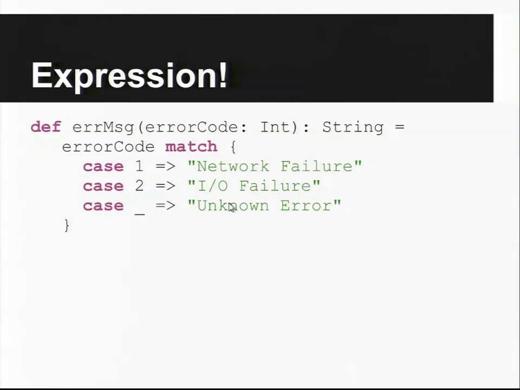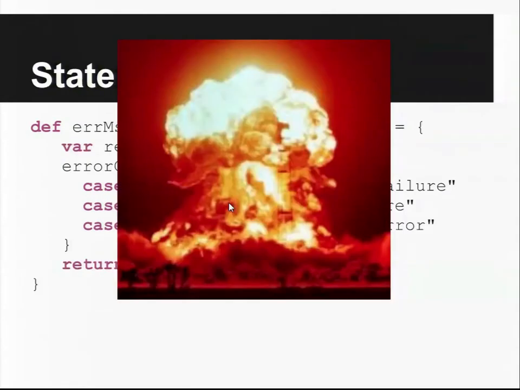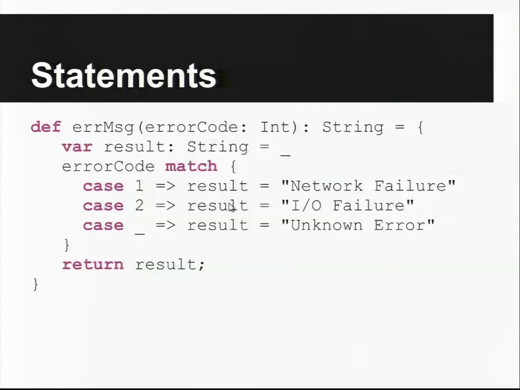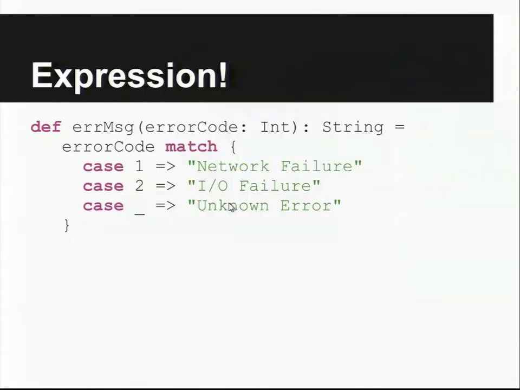Anyway, we have the same match, but instead of actually assigning that match to the variable, we just have a value which gets returned if that particular case was true. And this function and this function are the same. They behave exactly the same in practice, but one is far less code. This is Scala style here. If you get nothing else from this talk, learn to think in expressions.